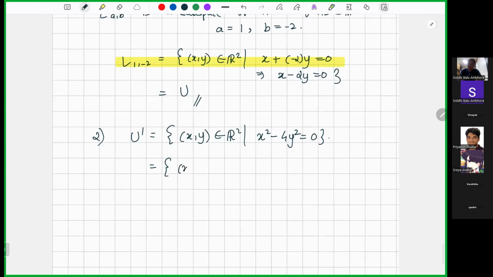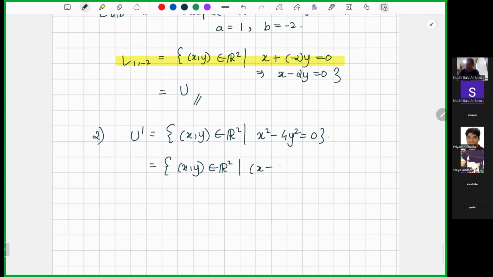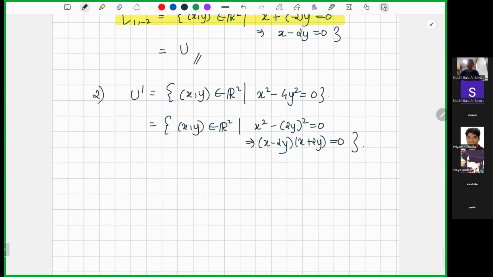So this is x comma y in R2 such that, I'm just simplifying, this is x square minus 4y square is equal to 0. So this is x minus 2y and x plus 2y is equal to 0. So this is what this set is.